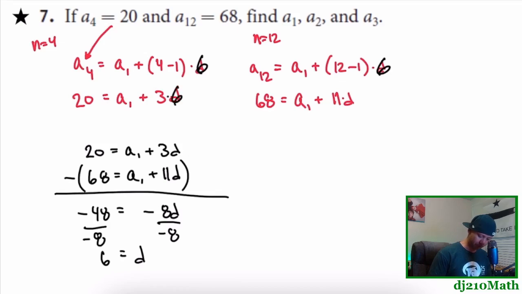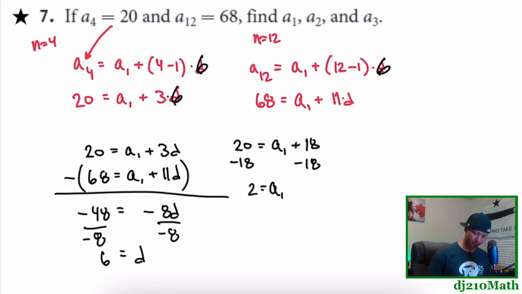So this would be 6. So 20 is equal to a sub 1 plus 3 times 6, which is 18. So minus 18, minus 18. A sub 1 is going to be 2. Then a sub 2, I don't need to do any more formula because I know the common difference is 6.